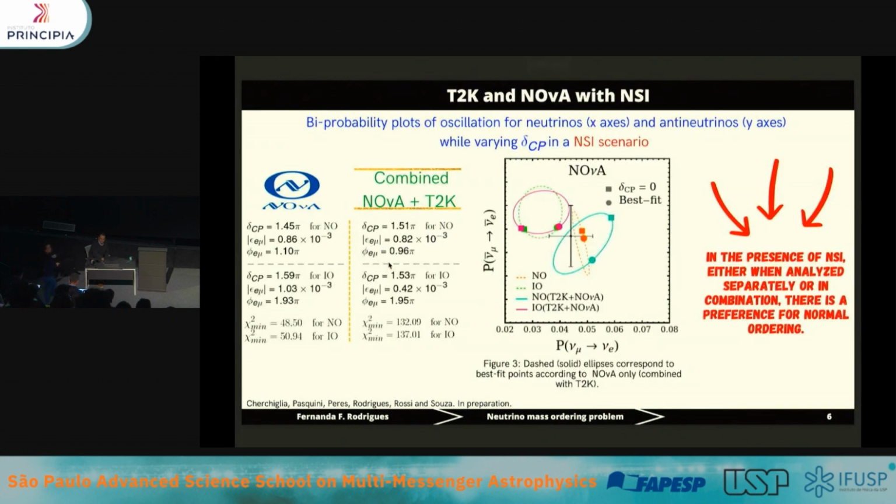So we simulate again these events, but now in the presence of this non-standard interaction. And here in the same plot, we can see how the ellipses have changed, and that now in the presence of the NSI, either when analyzed separately or in combination, there is a preference for normal ordering.